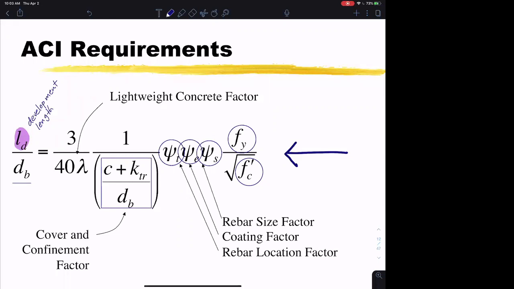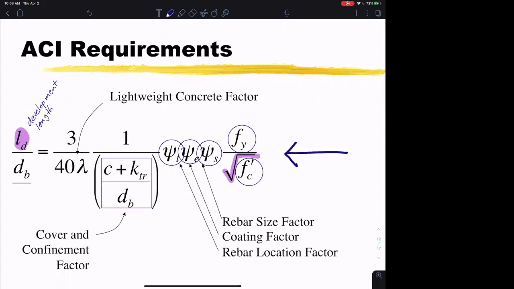And the reason for the square root is because what we're worried about is splitting the concrete, and that you lose your grip, and splitting is related to tensile strength. And remember that tensile strength is correlated to the square root of the compressive strength.